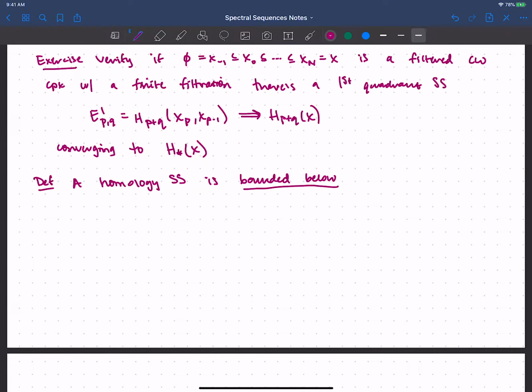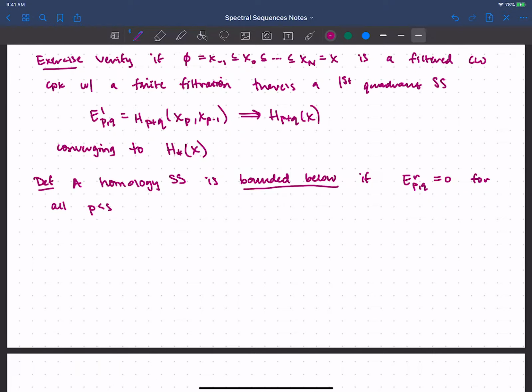So we're going to say that a homology spectral sequence is not necessarily bounded, but bounded below if we look at our PQth term on the rth page and it's 0 for all P less than S.